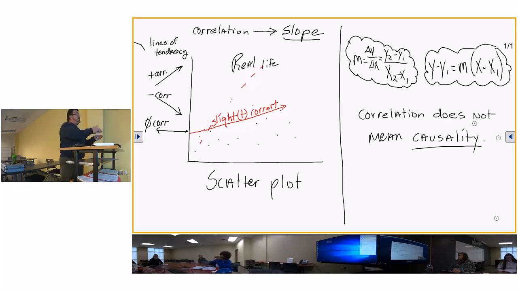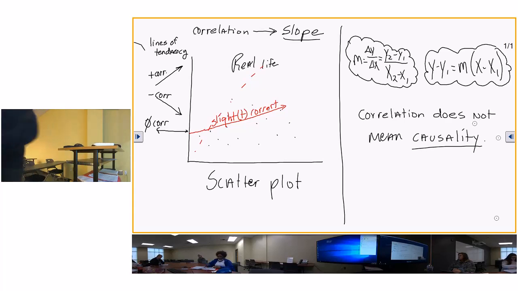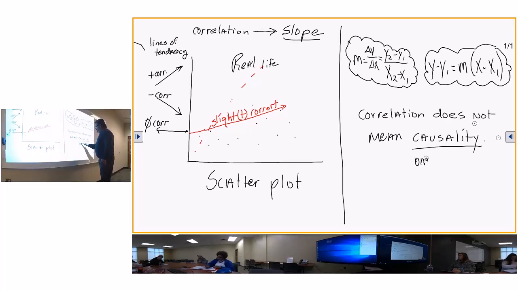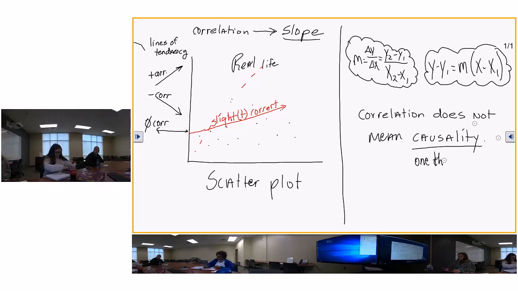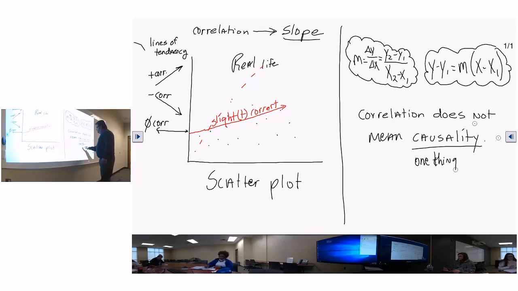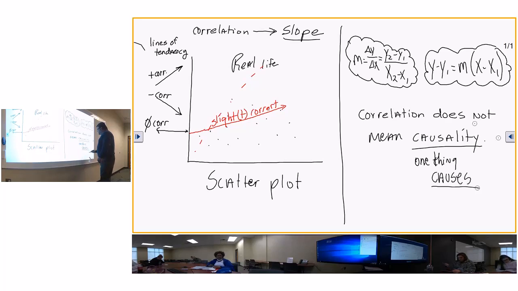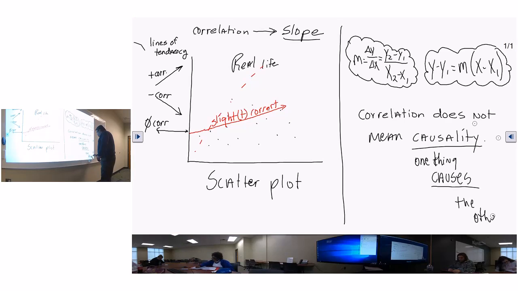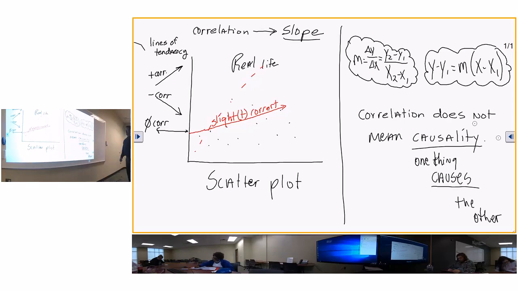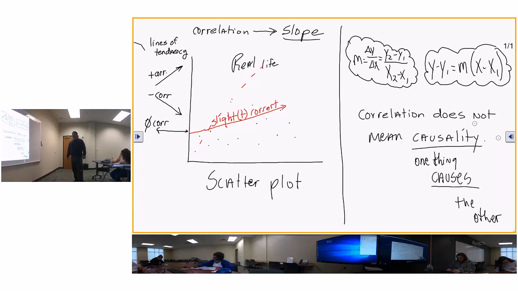Or one thing causes what? An effect. There you go. Good job. One thing, and the key word is what? Causes the other. Write that down and memorize it.